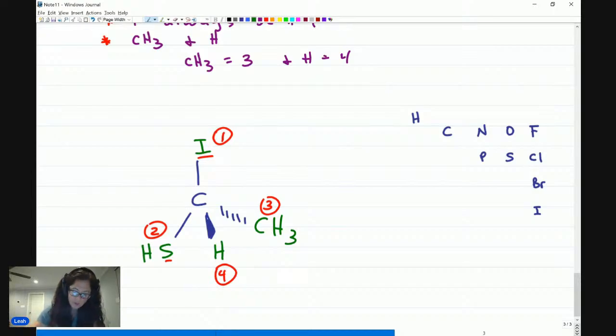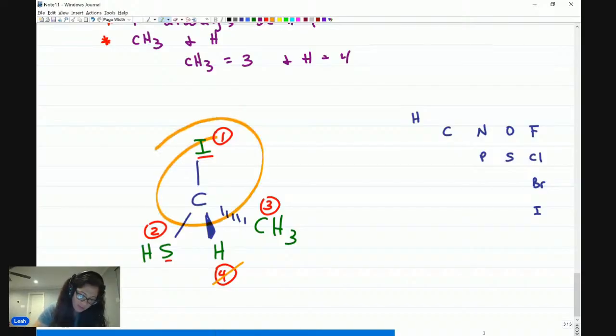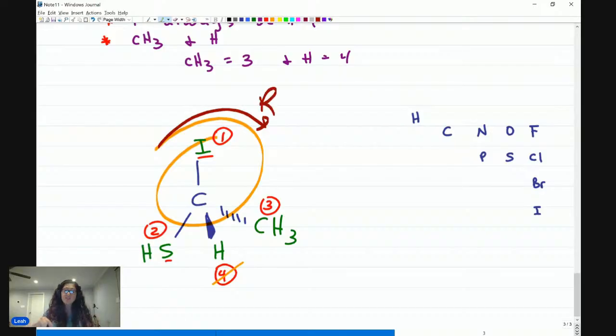We ranked 1, 2, 3, and 4. We cross out number 4. Then we trace an arc from 1 to 2 to 3. And remember, we're seeing it backwards, so we're going to reverse it. And that is how I know that this thing is R, and I don't need to build a model kit. I definitely don't need to do mental gymnastics.